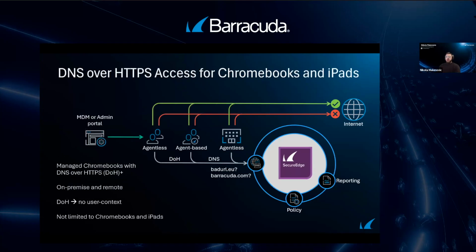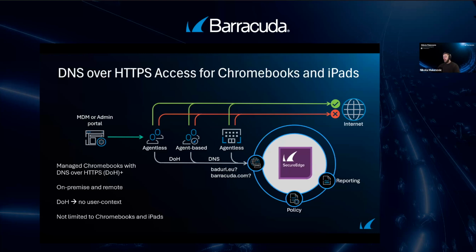Now, let's go back to agentless deployments. There are two deployment options when it comes to agentless DNS deployment. And this one is not the only, but it's like the main use case. This is a deployment option for Chromebooks, tablets and iPads, as you can, for example, see in educational institutes.